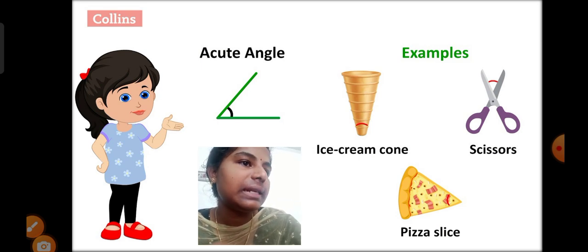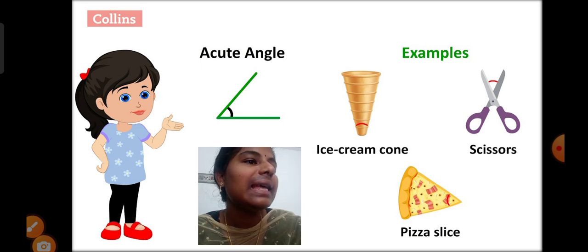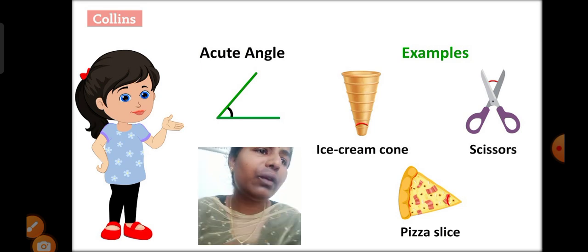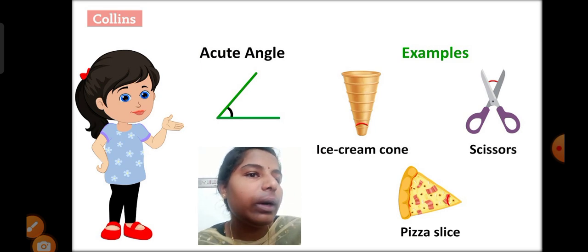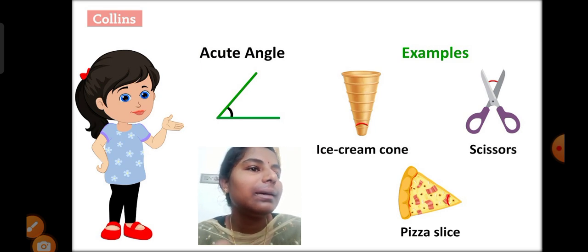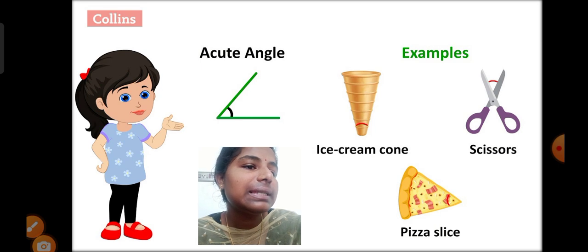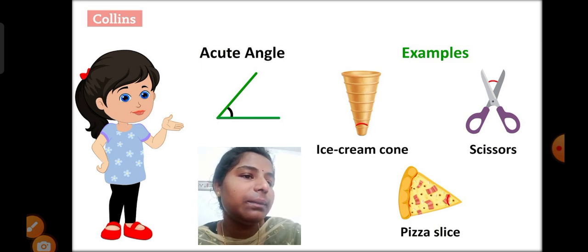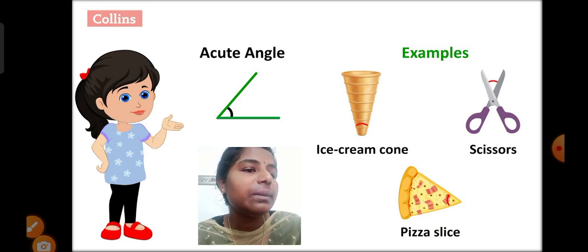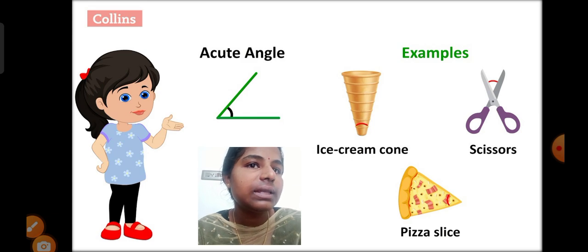While measuring that gap, it will be less than 90 degrees, maybe 45. Each one will have a gap in a different manner. Then pizza: it is a triangle shape, but while measuring the angle, it will be less than 90 degrees. So these are examples of acute angle.